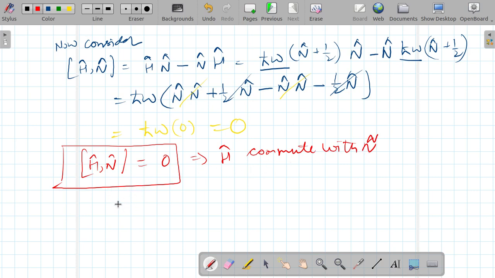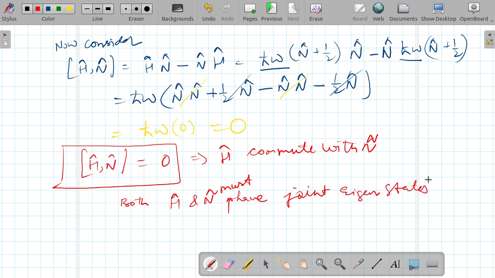That means if they commute, both h and n must have joint eigenstates denoted by, let us say, ket n.